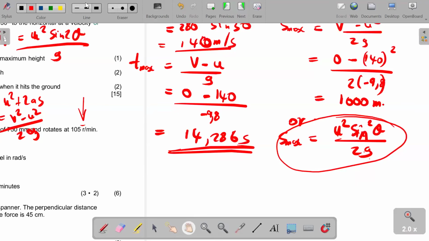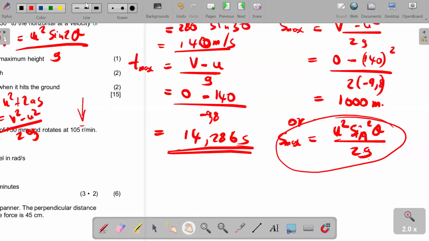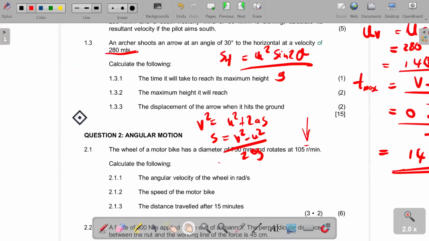U, the way it is, 280 squared times sine 2 theta, your theta that you have been given. Then you just go straight to the answer. Okay. These formulas are good when you don't have t the time. It's quite good to also use it, unless of course you would want to calculate t like what I've just done, the onus is on you. Okay, so that basically takes us to 1.3.